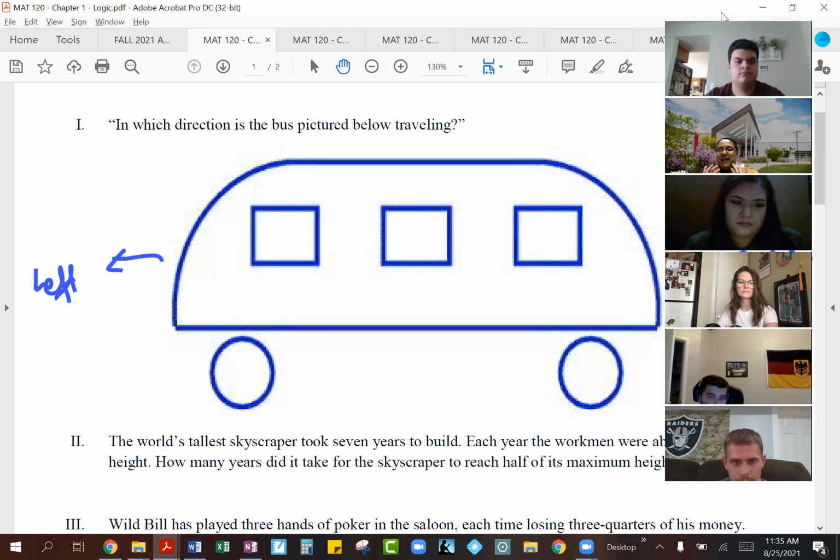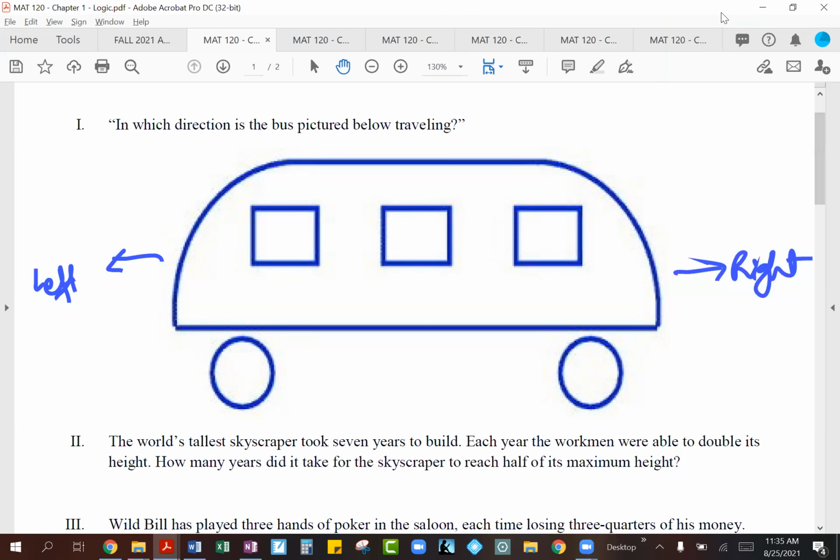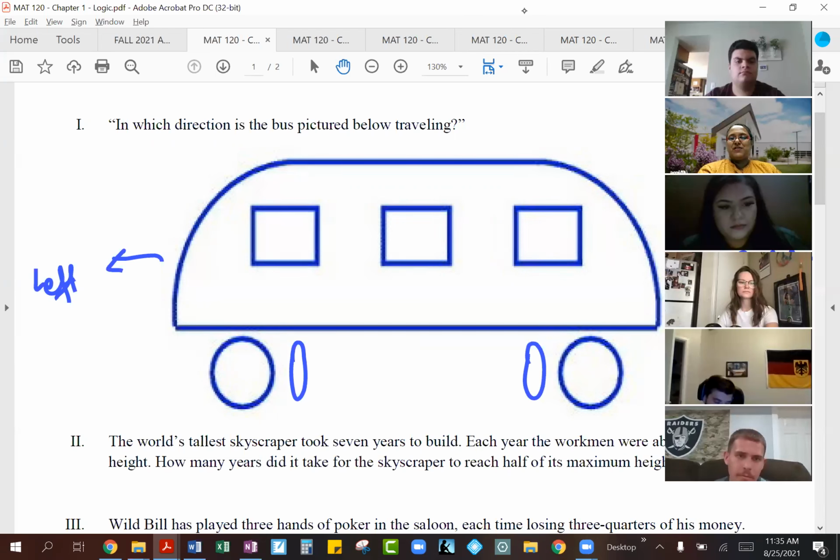So you are not looking at its rear. Because if it was the rear, just imagine, the tires would look a little bit more skinny, right? They would not be looking like these circles. Just imagine when you're standing behind your vehicle, what your tires look like. So that's the reason why we know the bus is not moving forward, going away from us. It has to go in either of the two directions.